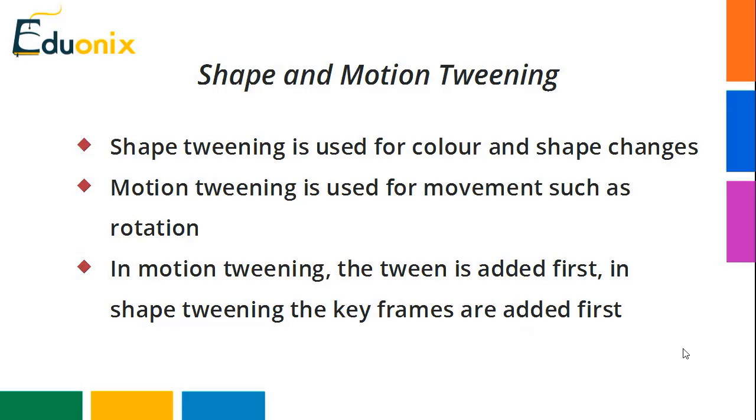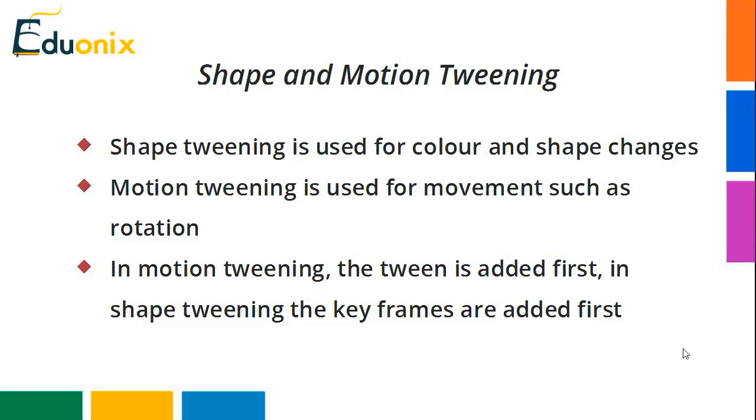And in fact, there are two main types of tweening in Flash. One is called shape tweening and one is called motion tweening. Shape tweening is mostly used for colour and shape changes, whereas motion tweening is used for movement changes like rotations and translations. And there's a difference between how the two are set up.